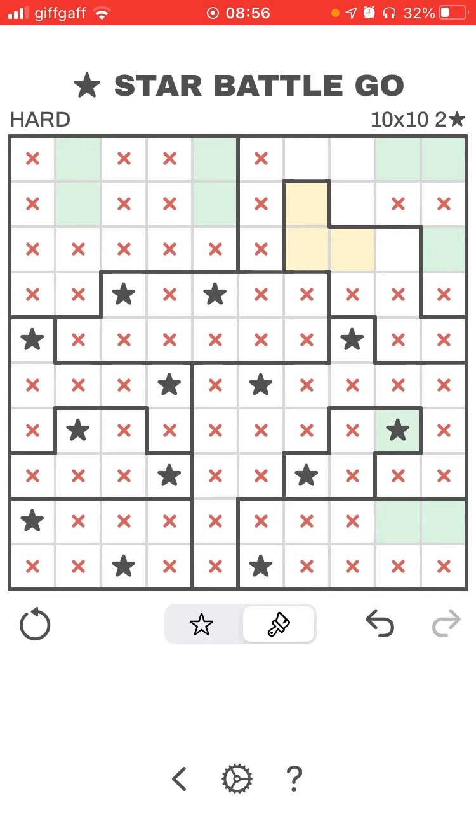Oh, this is another one of those shapes that I just know off by heart. If we try and put a star in the middle of an L shape like this, it eliminates all the other possibilities. So we know that can't be a star.